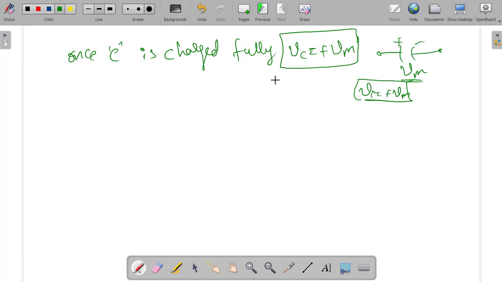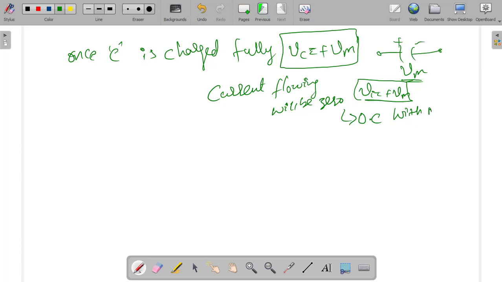Fully charged means open circuit, so the current flowing will be 0. In an open circuit, voltage will be maximum, but current will be minimum or 0.